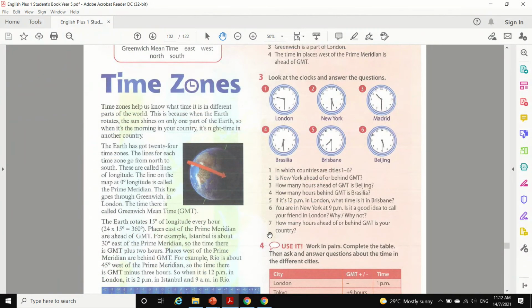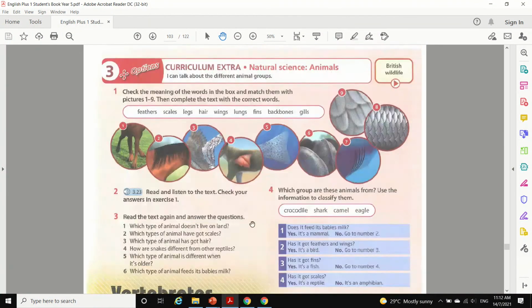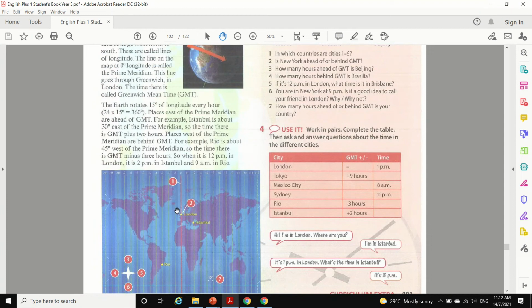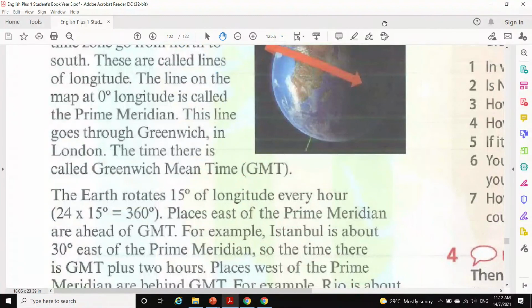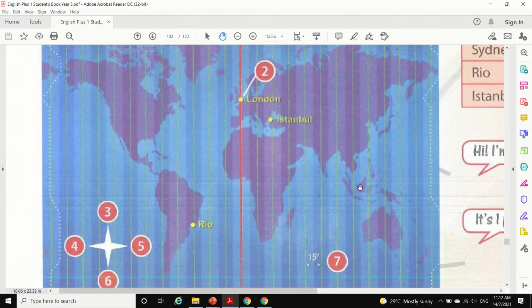Okay, next, 7. How many hours ahead of or behind GMT is your country? Okay, so in our country, we go to London here. So Malaysia is here. This is Malaysia. Okay, can you see Malaysia? Yeah, very small.